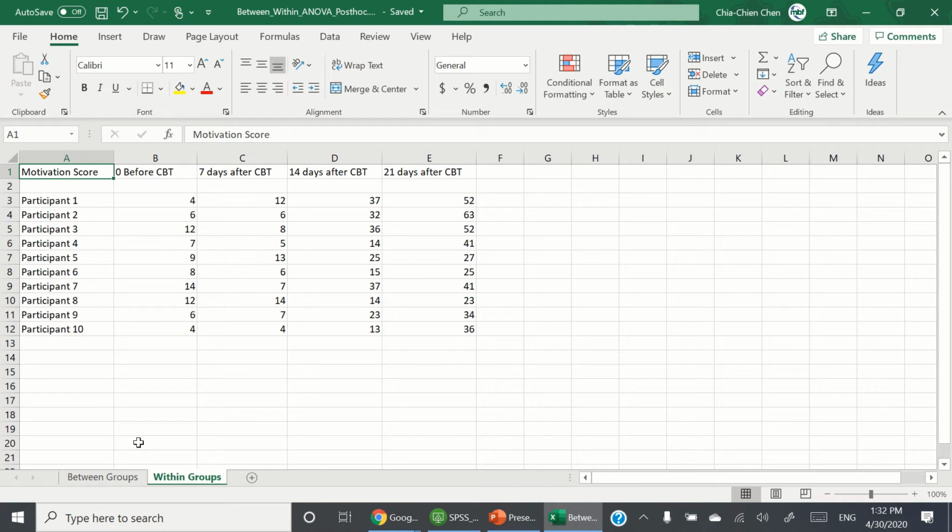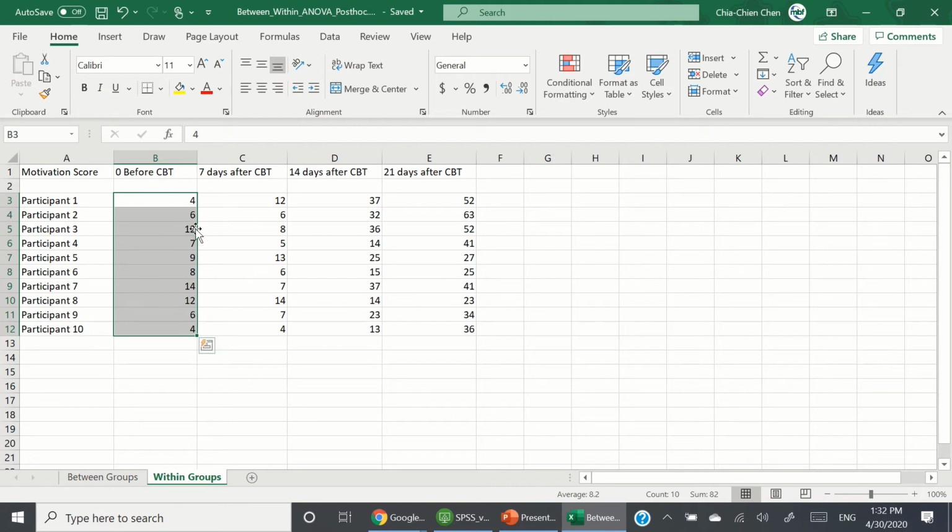There are 4 conditions that each of the participants went through. They measure their baseline of the motivation score before CBT, cognitive behavior therapy, and then measure it again after 7 days, then after 14 days, and then after 21 days.